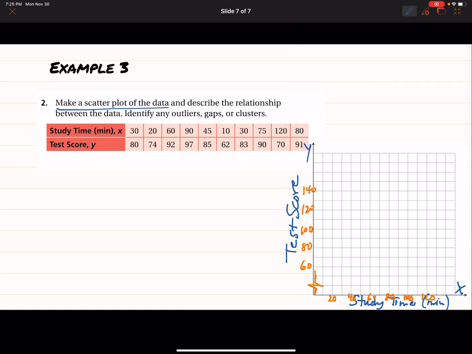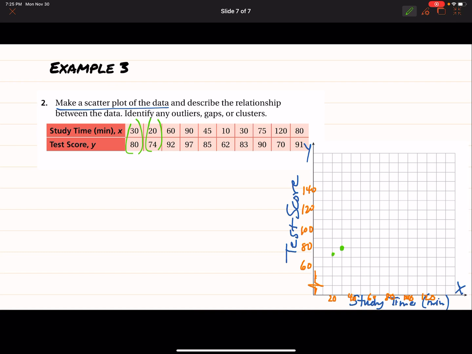Now we're going to go ahead and switch and we're going to graph these ordered pairs. So we're going to think about them like an ordered pair, X and Y, and we're going to put each of these points on the graph. So my first ordered pair would be 30, 80. So I'm going to come over here to 30, and then I'm going to go up to 80 and plot that point. Then I'm going to do 20 and 74.